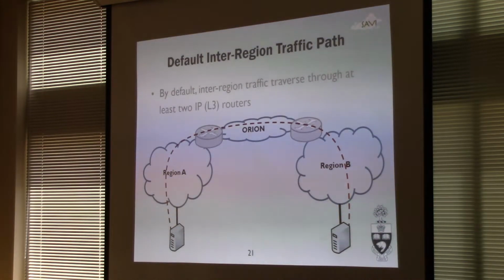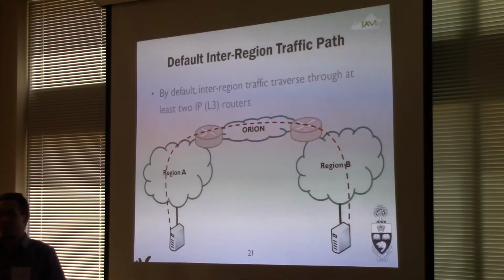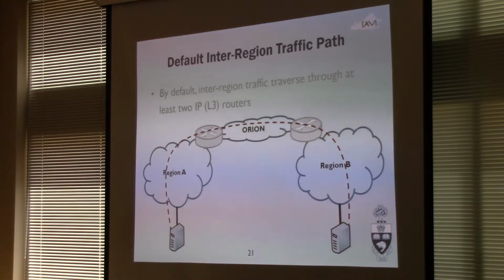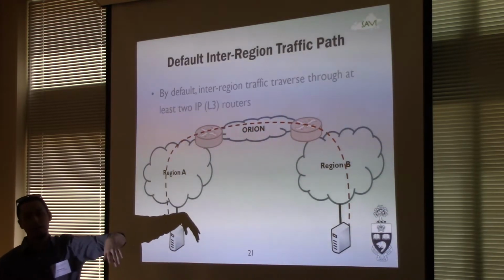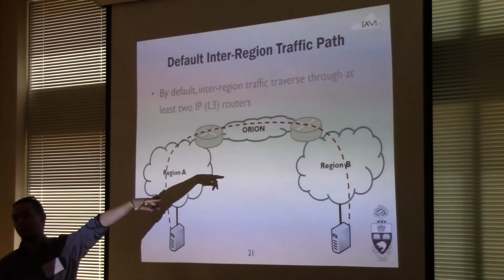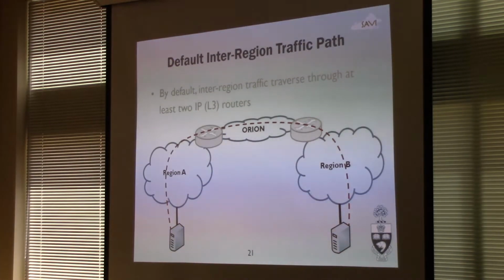Provincial, okay, yeah. So Orion is the provincial, basically ISP for many of our public universities. And so basically, to travel from one region to another, it has to travel through at least 2 routers, right? So, but by default, what this means is that inter-region traffic has to pass through a layer 3 routing device.